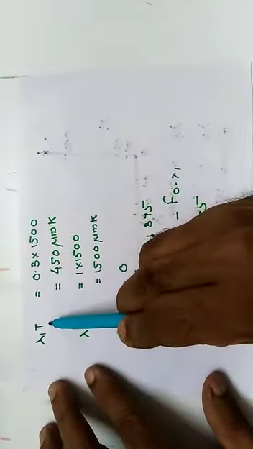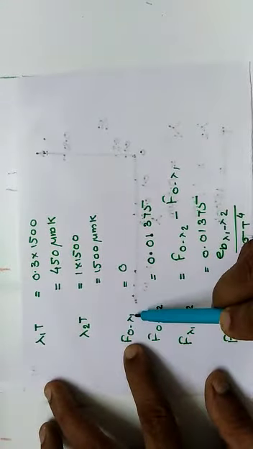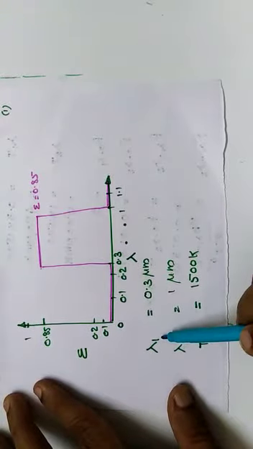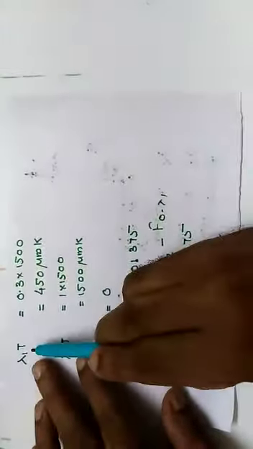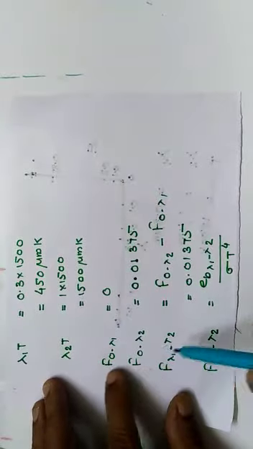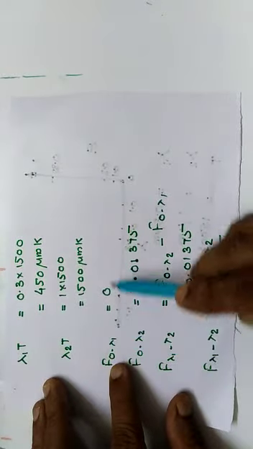Calculate lambda 1 T and lambda 2 T. Then f of 0 to lambda 1, when lambda 1 equals 0.3 micrometer, we have lambda 1 T, and similarly we have lambda 2 T also. So f of 0 to lambda 1 you can obtain from the data book.